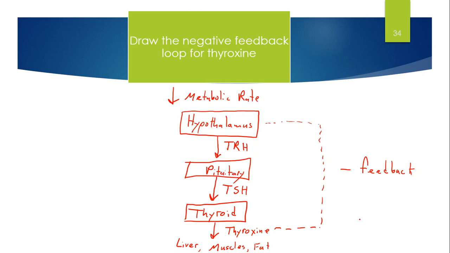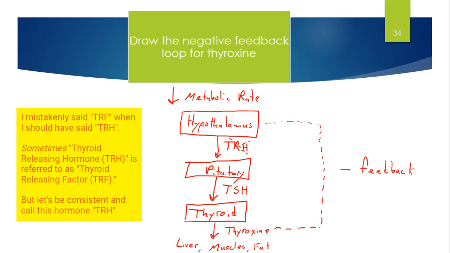And what I mean by this is thyroxine will actually go back to the hypothalamus, and there are receptors in the hypothalamus for thyroxine. And when thyroxine fills up these receptors, what happens is it shuts off TRH. Okay, so when there's too much thyroxine in the blood, it shuts off TRH. Now, once TRH gets shut down, what happens?